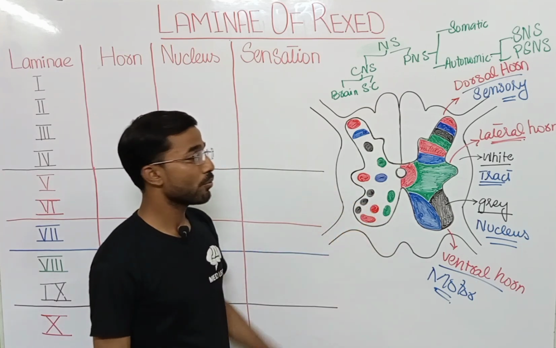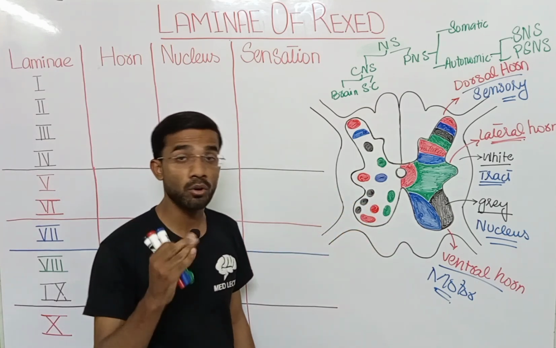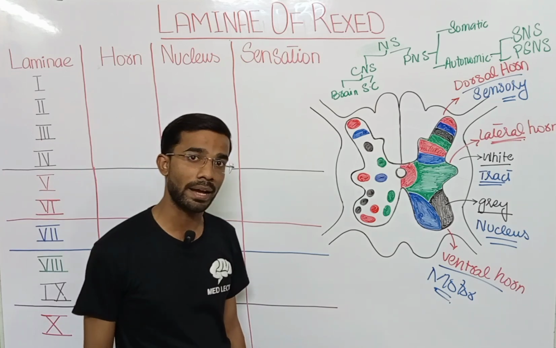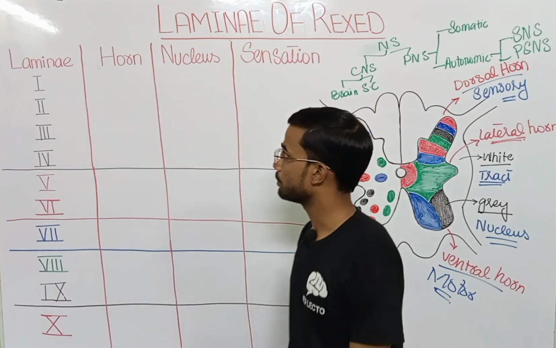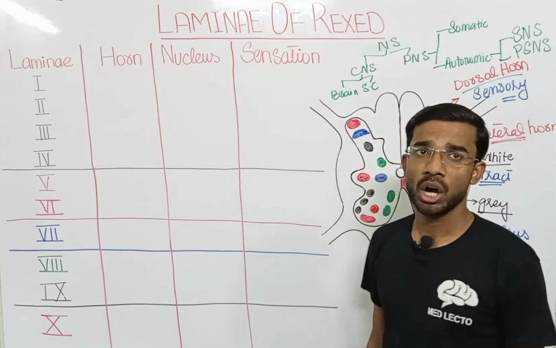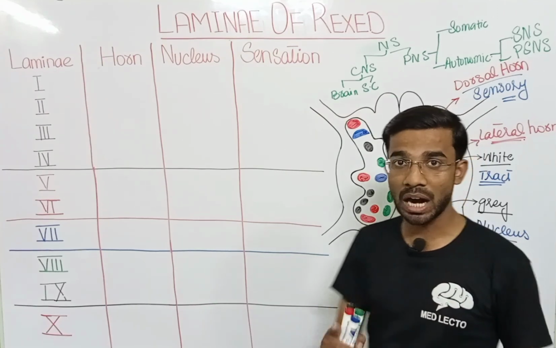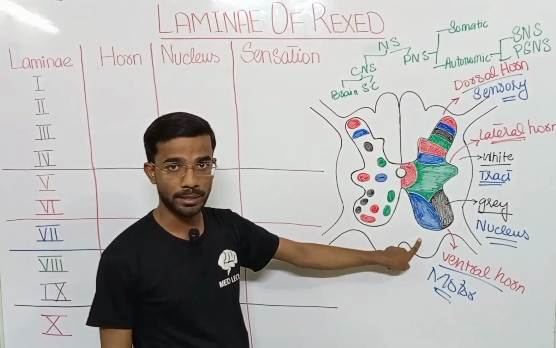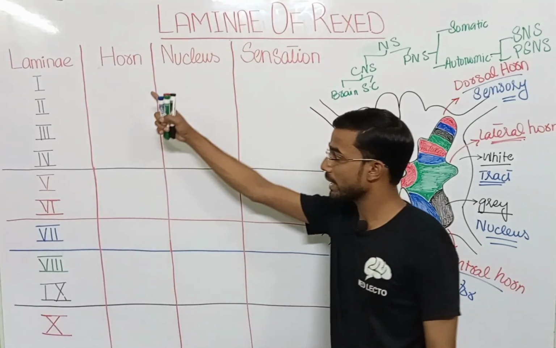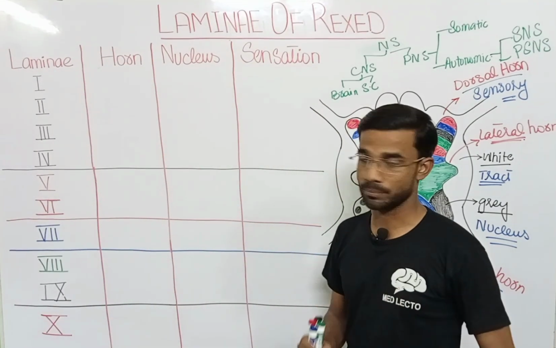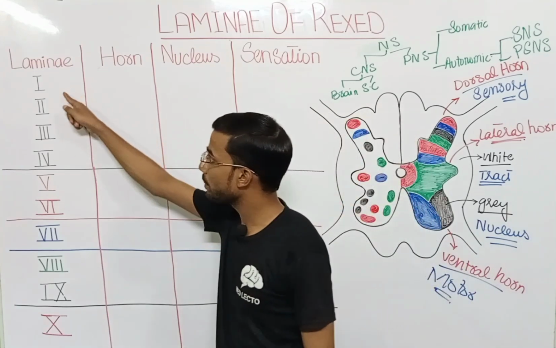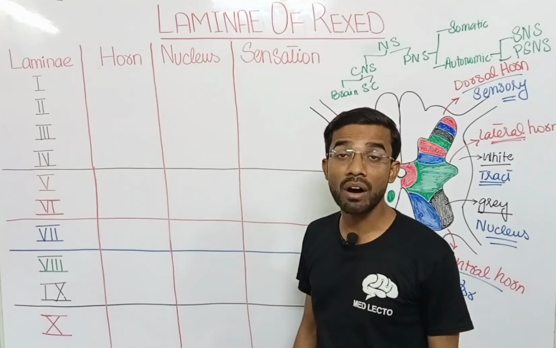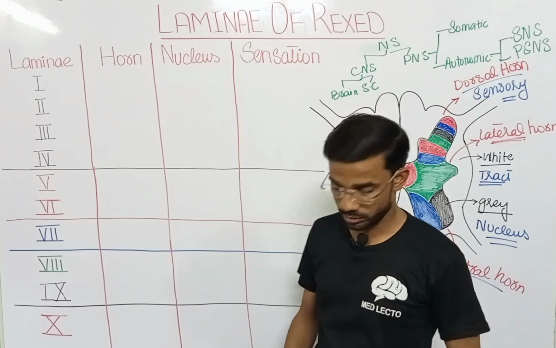Now we see the 10 most important lamina of the spinal cord. First of all, we start from the dorsal side and end at the ventral side. Here are basically the 10 lamina. The first 4 lamina fall in the dorsal horn.